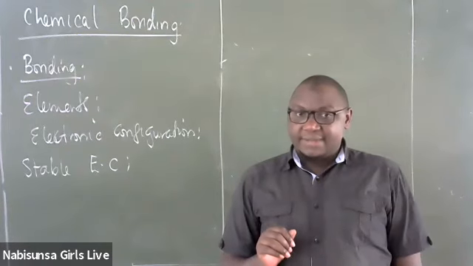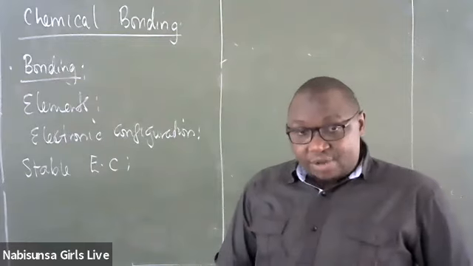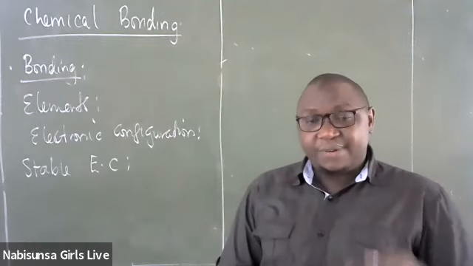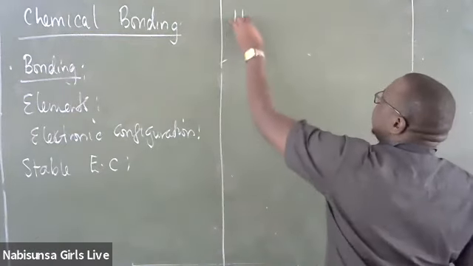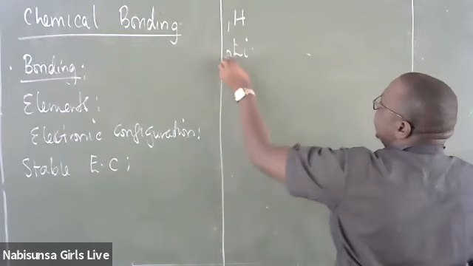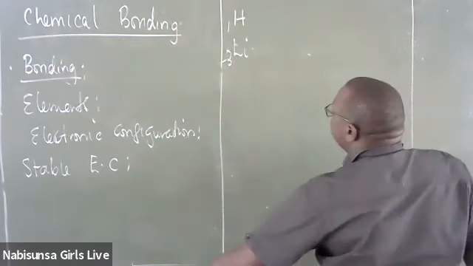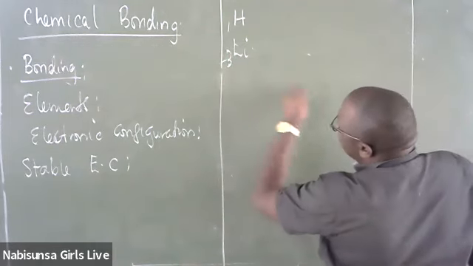How do they do it? There are so many ways. How do I know that they attain it? You have to first know how to arrange them. For example, let me give you an example here. We have hydrogen that has one electron. We have lithium. I'm going to pick a selected few. Lithium here.